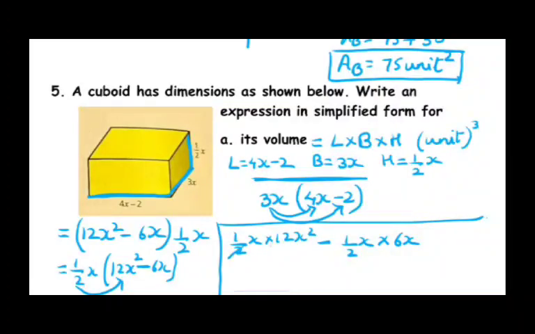So this 2 cancelled with 12 makes it 6. This x and this x, by the rule of indices, the index can be added up, so it's going to be x cube. 6x cube minus 2 1s are 2, 2 3s are 6, and multiply these two, 3x square.